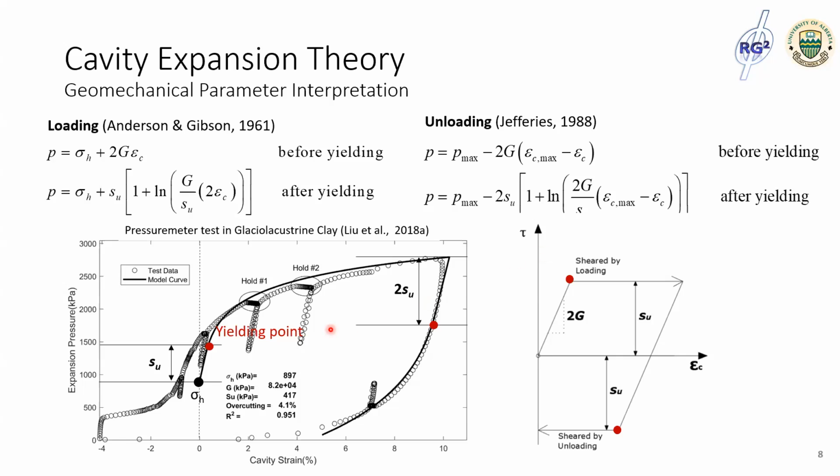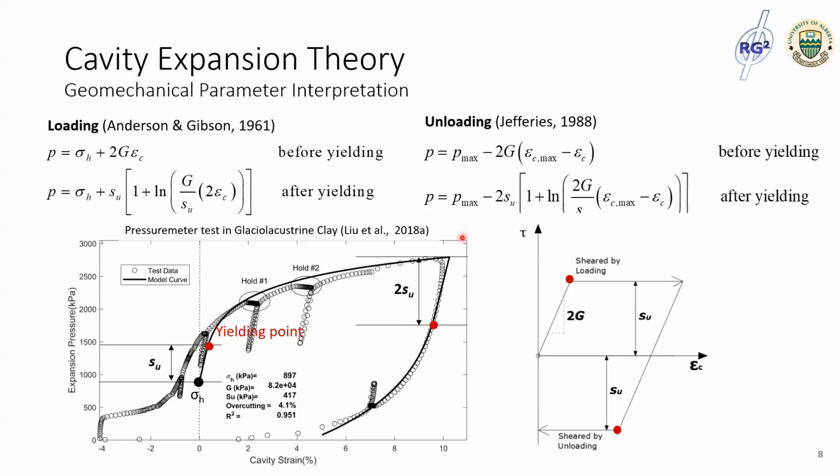And therefore, for a complete test, the solution can be divided into four phases: expansion before yielding, where you can locate this yielding point in your test curve, expansion after yielding, and also contraction before yielding and after yielding.